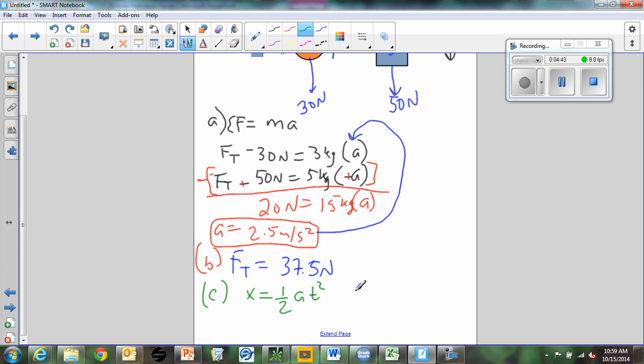Looks like that. So x equals 1/2 times 2.5 meters per second squared times 1 second. X, if you do the math, is 1.25 meters. That's it. That's how you do number 38.